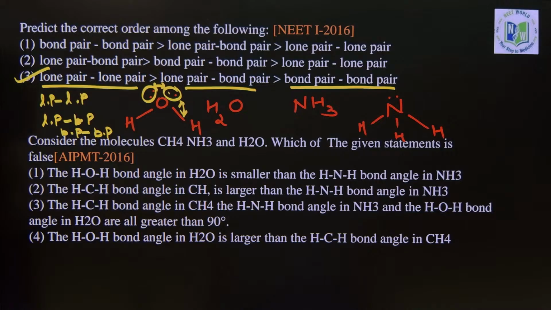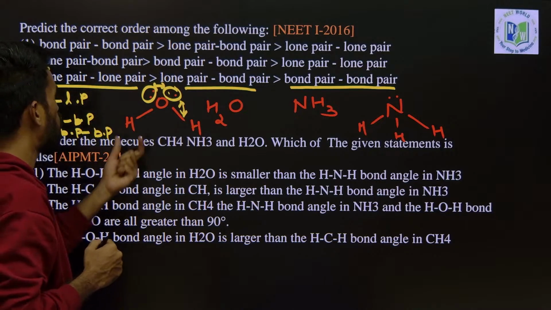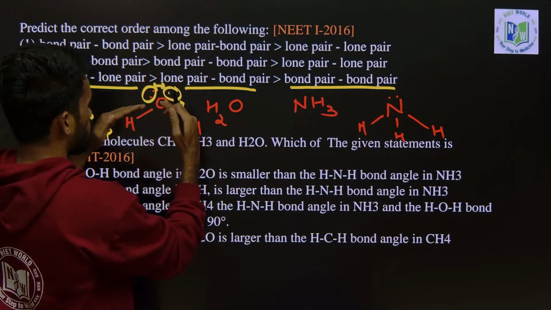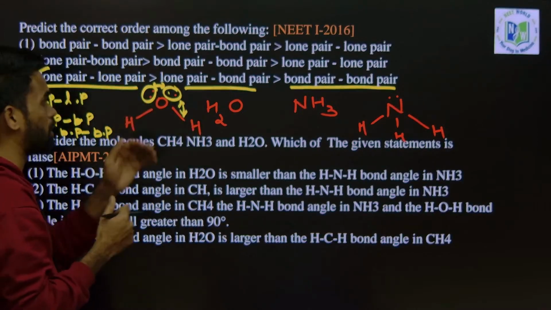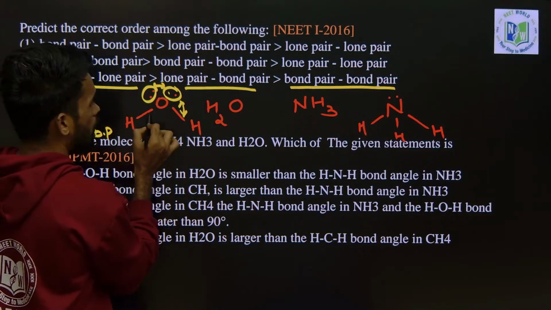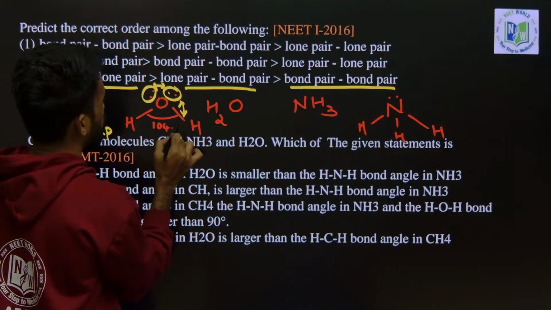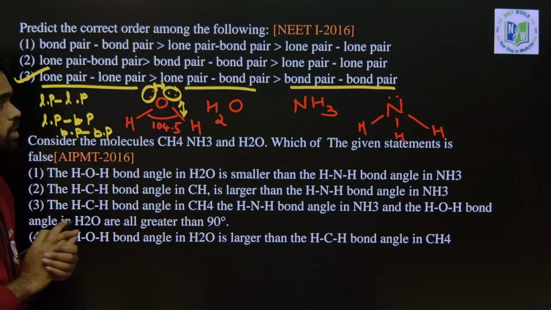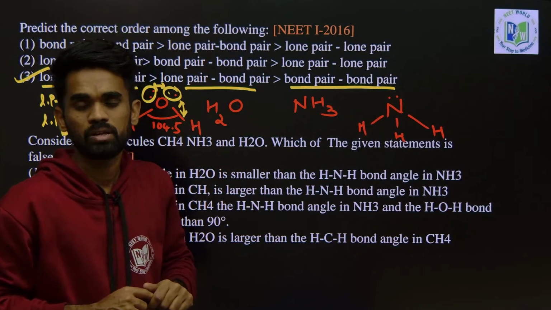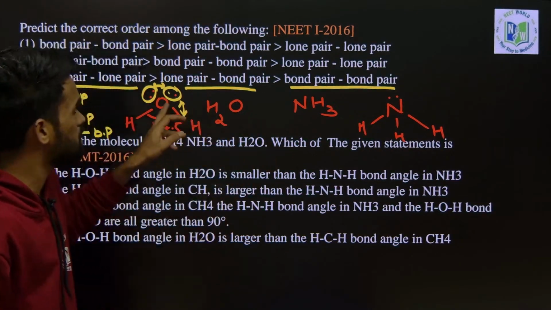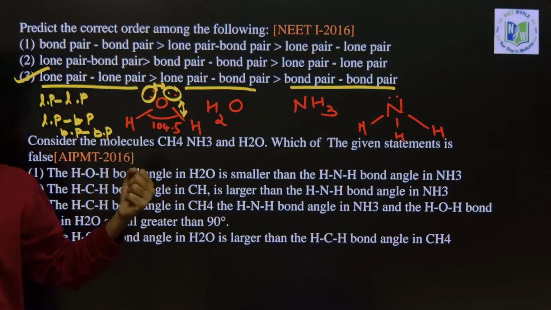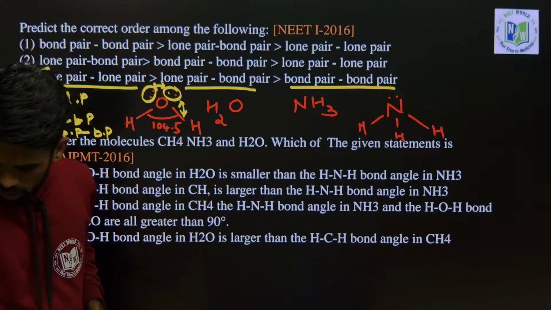Due to that reason, the bond angle in the water molecule gets compressed to avoid repulsions between lone pairs. Therefore the angle becomes almost 104.5 degrees, and in ammonia instead of 109.5 it becomes 107. What is the reason? The presence of lone pairs: one lone pair in that case, two lone pairs in this case. Hope this is clear.